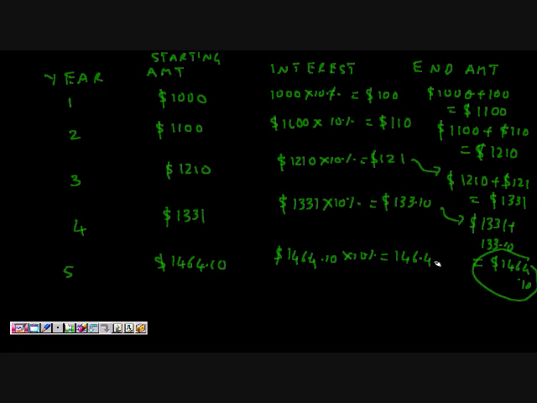So your total amount will be 1464.10 plus 146.41, which is 1610.51. So at the end of 5 years, you will have $1,610.51.